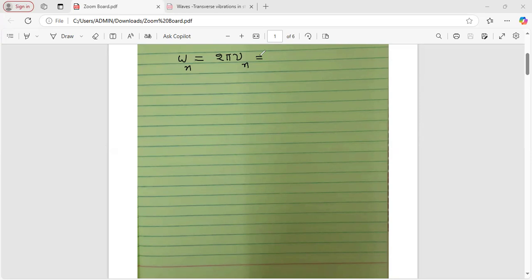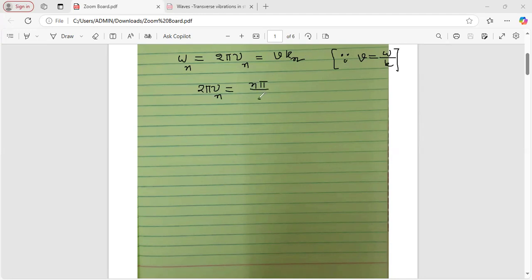But omega is equal to velocity of the wave into propagation constant, since velocity of the wave is equal to omega by k. From that we write 2 pi nu n is equal to v kn, and kn is equal to n pi by l.